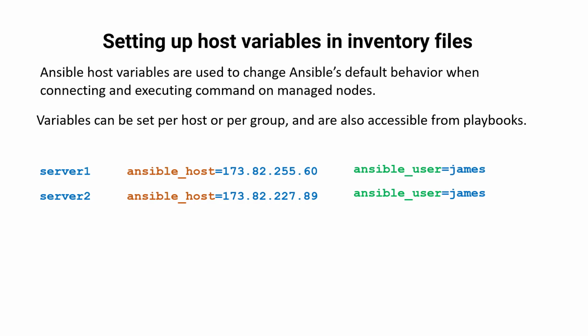This is a host variable that Ansible will use to know the remote host user that will be used to run the commands on the remote system. So you need to ensure that you have this user already created on the target node or the managed host that you wish to control. Now let's go over to our Ansible control node and see this in action.